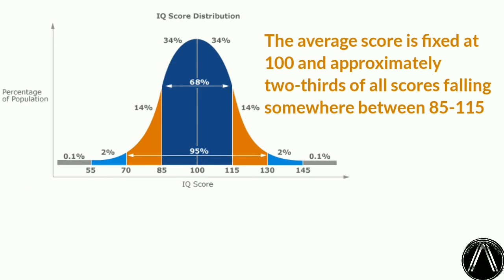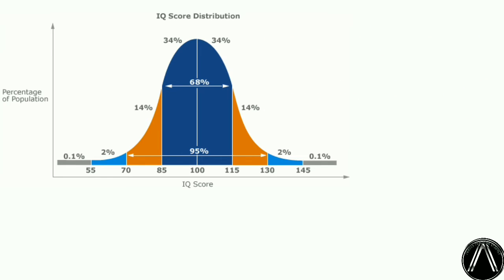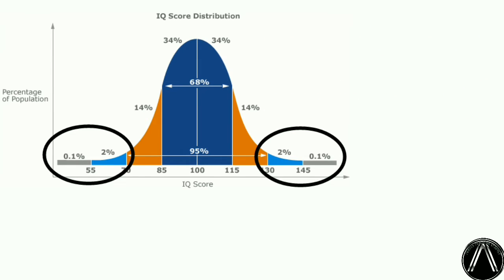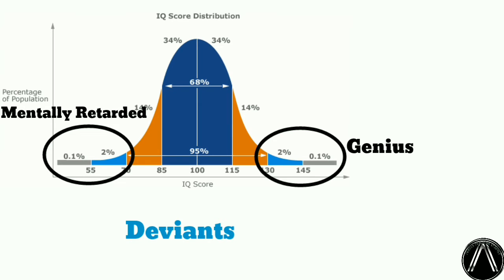The average score is fixed at 100, and approximately two-thirds of all scores fall somewhere between 85 and 115. Test scores that fall between these two numbers are considered average, meaning a person with quite normal average intelligence. And those whose scores fall in the tail section of the normal distribution are considered deviants, meaning they are either genius or mentally retarded.